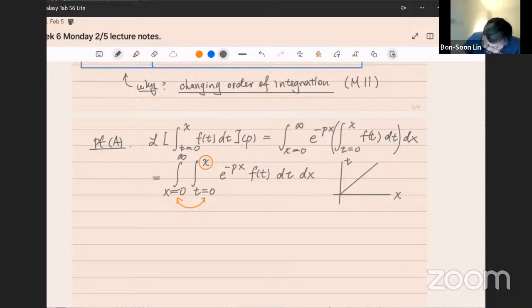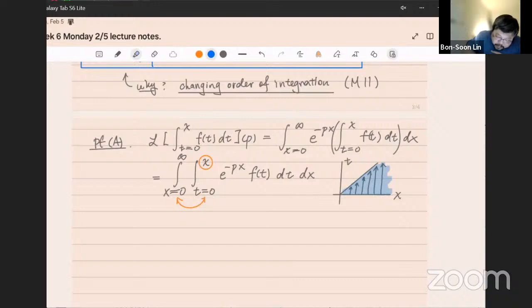So it's from 0 to the 45-degree line. Right now, this integration is integrating this bottom triangle area. So the region currently being integrated is this region right here. That's what this double integral is suggesting.